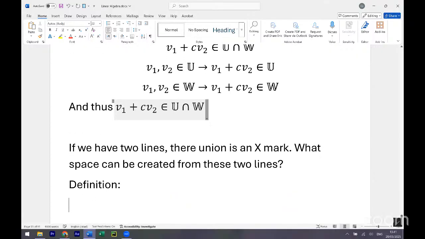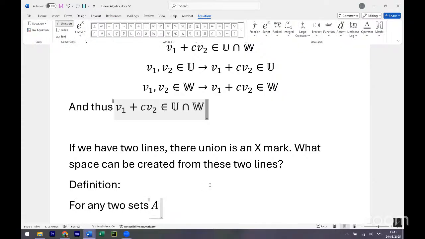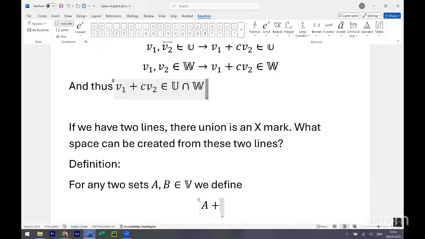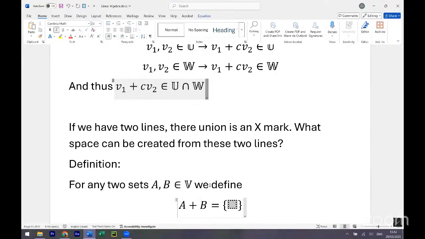Definition: for any two sets, not just subspaces, A and B, within some vector space, we define A plus B to be all of the a plus b such that a is from A and b is from B. Okay.